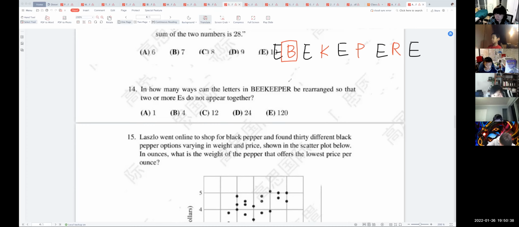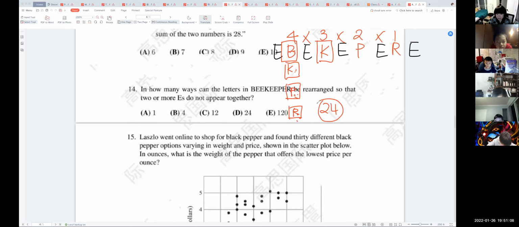So the first place we could put B, K, P, or R. But the second place, if B is used, only KPR. If K is used, only BPR. If P is used, only BKR. Or if R is used, only BKP. So that's why 4 possible ways, 3 possible ways, 2 possible ways, and 1 possible way. So times together equals 24. Does everybody understand this one?